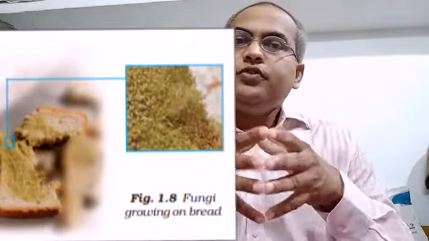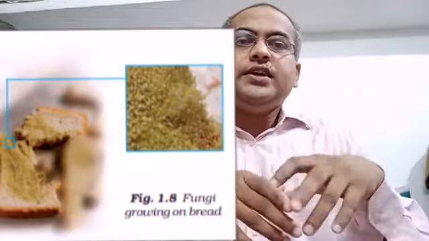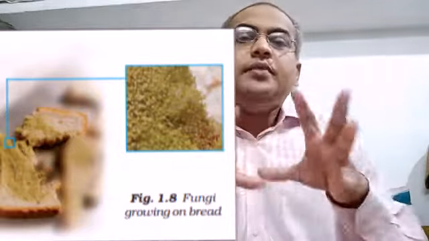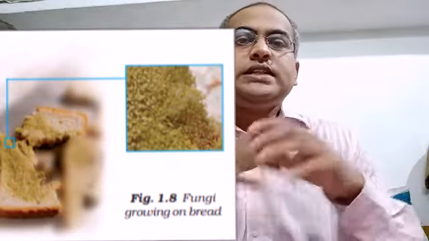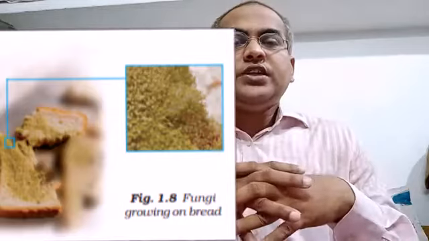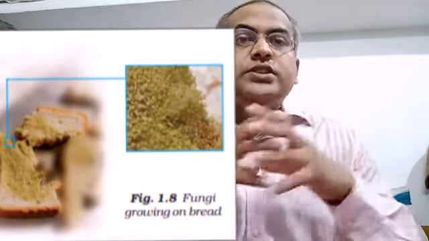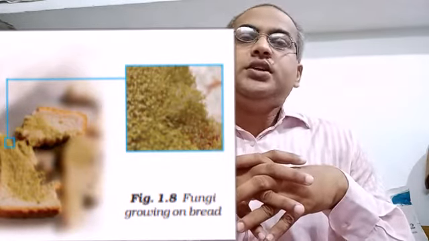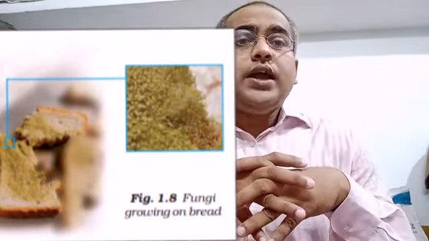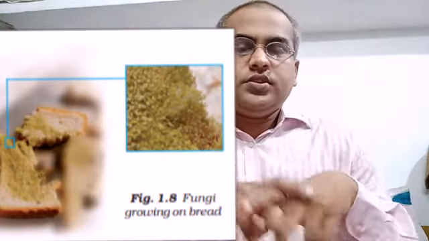Algae prepare the food because they have chlorophyll, by the process of photosynthesis, and the fungus gives shelter and provides water and minerals to the algae. So this is what is called symbiotic nutrition, and the organisms are called symbiotic.